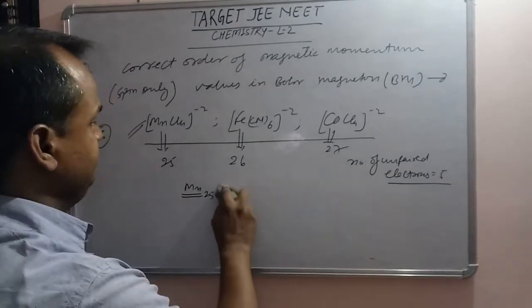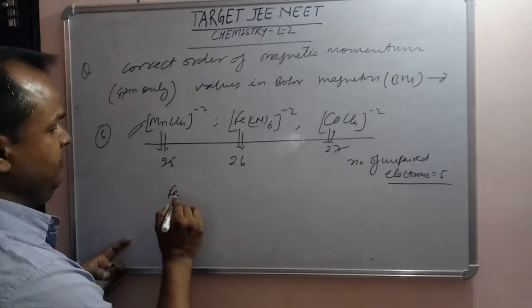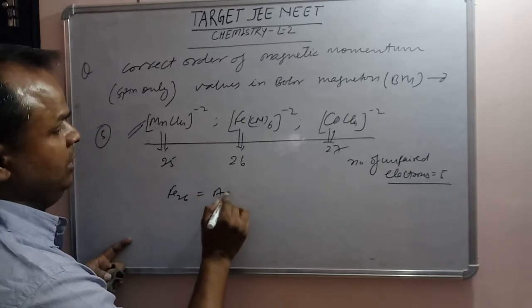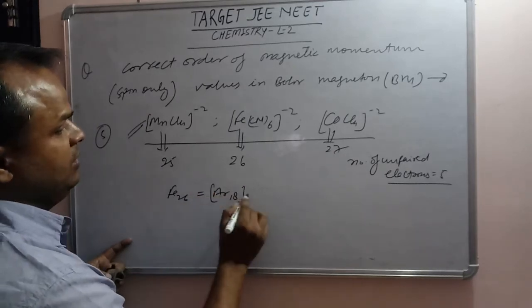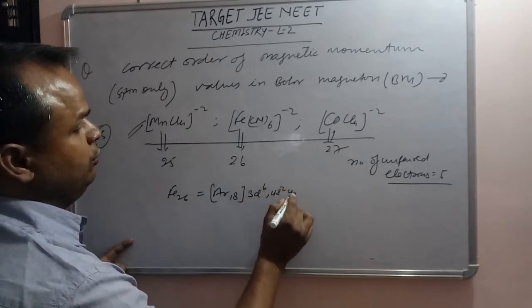Okay. For the next, iron, that is 26. Fe 26 is equal to Ar 18 3d6 4s2 4p0.